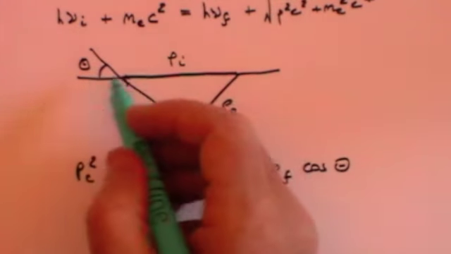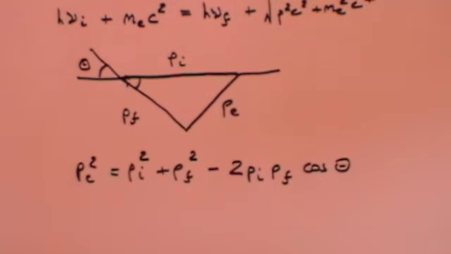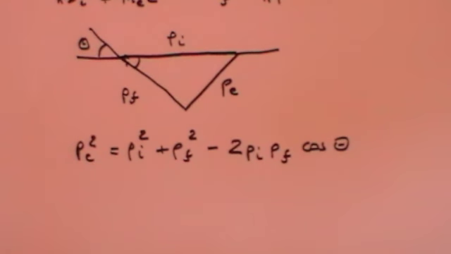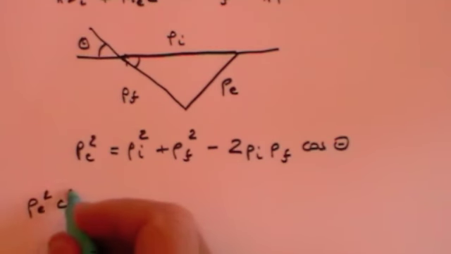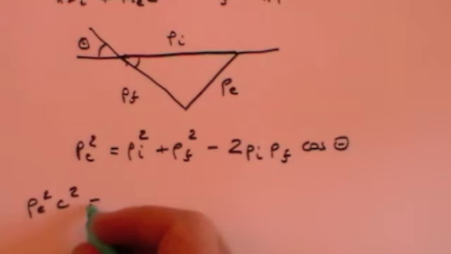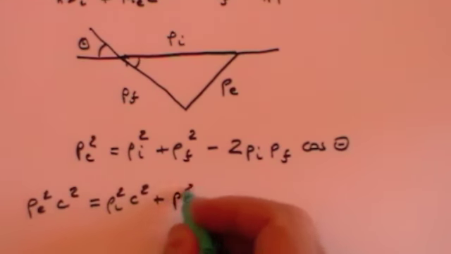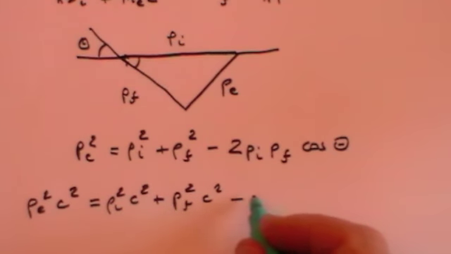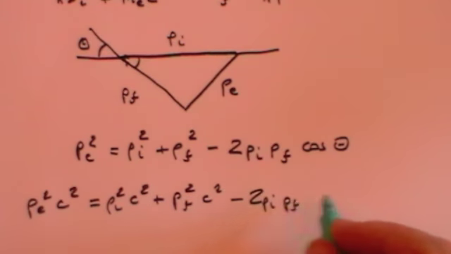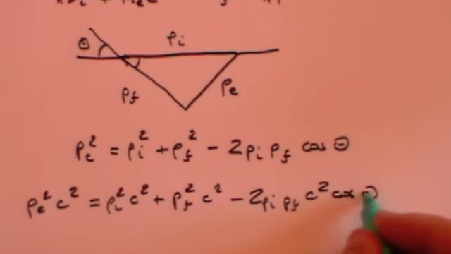Because of course, if this is theta, this is also theta. We can multiply both sides of this equation by c squared, and so we get PE squared times c squared equals PI squared times c squared plus PF squared times c squared minus 2 PI PF c squared cosine theta.